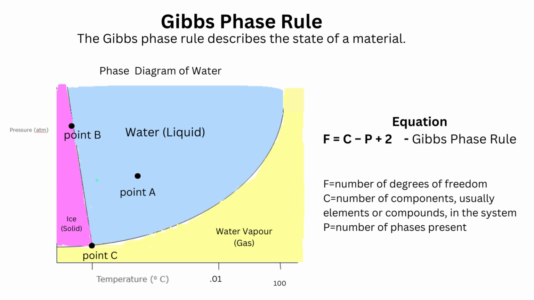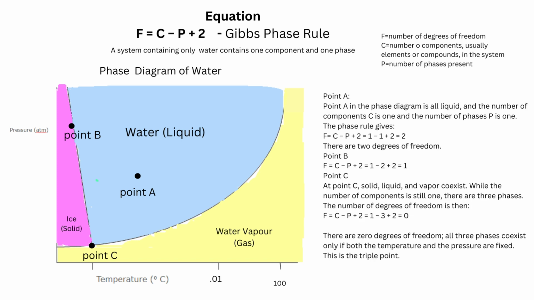So let us find the degree of freedom at point A, point B, and point C. And in the diagram you can see the point A, it's one phase, that is water, and one component, that is water. Now let us calculate the degree of freedom at point A, point B, and point C.